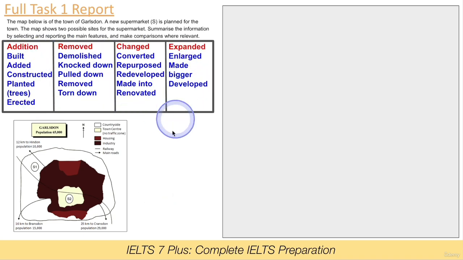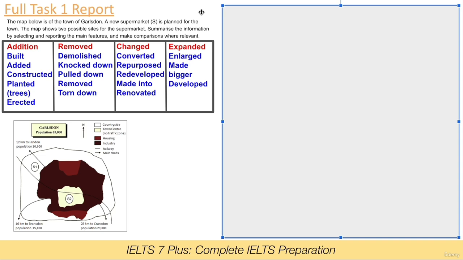So if we can think about these kinds of words, synonyms for addition, removed, changed, expanded, things like that, and lovely words for that. So that's just to help us. Obviously you won't have that in the exam, but for our purposes today, it's quite nice to refer to that. Lovely. Okay, let's get started.